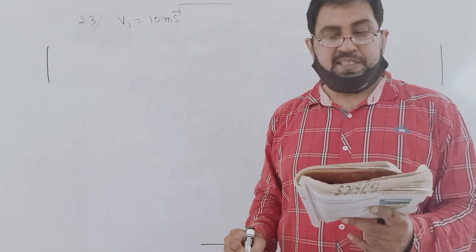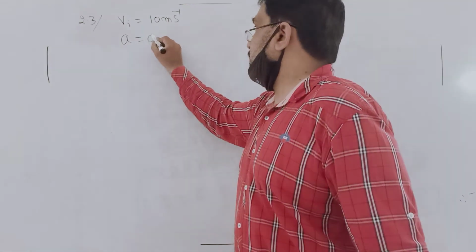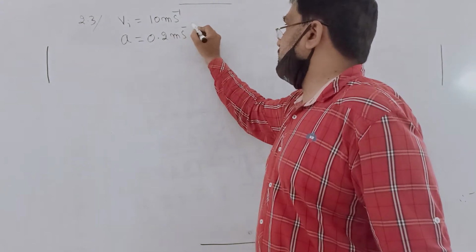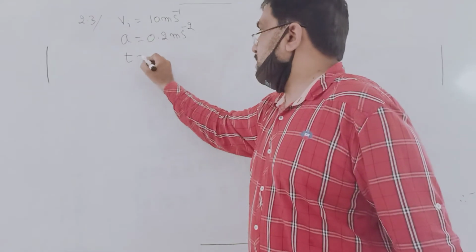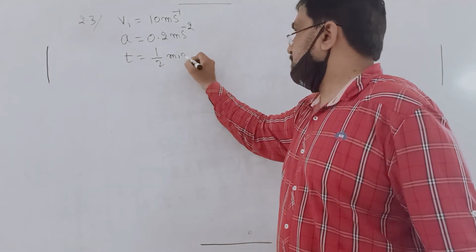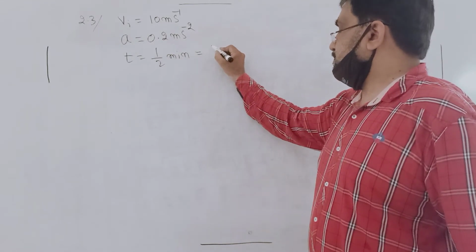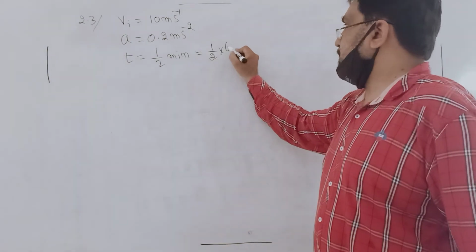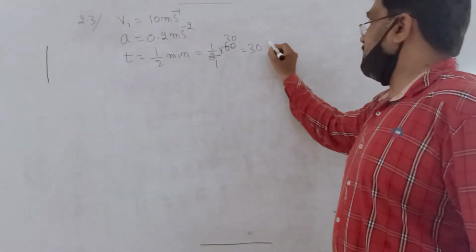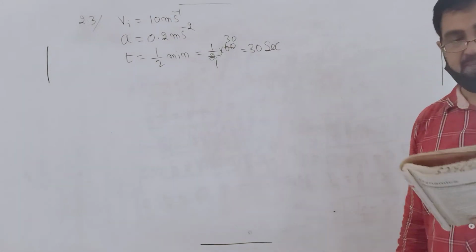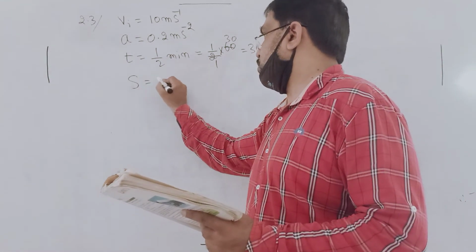It accelerates at 0.2 meter per second square. Acceleration is equal to 0.2 meter per second square for half minute. Time is equal to half minute. We convert this value into seconds. 1 over 2 multiplied with 60. 2 ones are 2, 2 threes are 6. So it becomes 30 seconds. Find the distance traveled. S is equal to question mark.